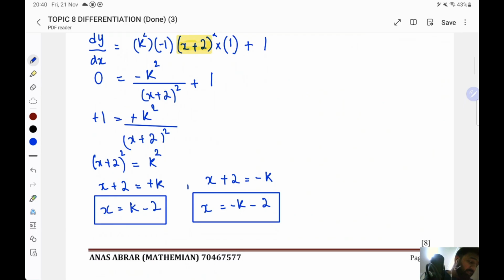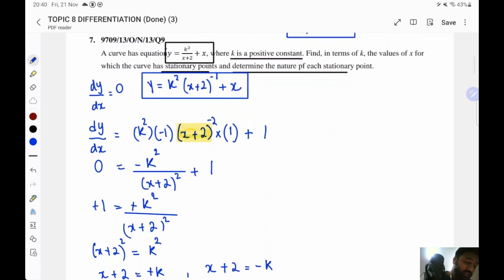Now we need to find the nature. To find the nature, we'll find the derivative of the derivative. So let me take it from here. It will be d squared y over dx squared. Let me simplify and write it over here: minus k squared times (x plus 2) to the power of minus 2, plus 1.